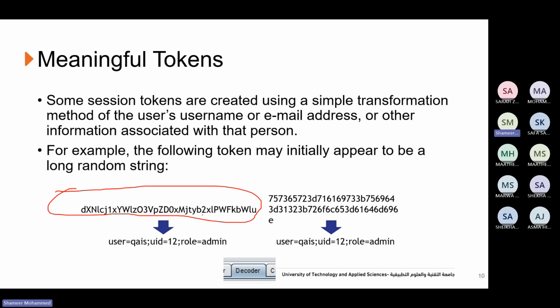Okay, let us see this one. Session tokens are created in a simple method, which contains the username or email address of that person. For example, username is guys, ID is 12, and the role of that user is admin.